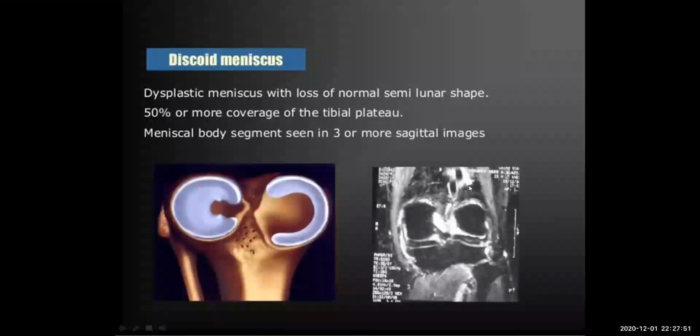What other pathologies? We know the tear, we know it is traumatic or degenerative, we know it could happen on the medial or lateral. We classified the types of meniscal tears: if it is contained inside, type 1 to type 2; if it extends more than 50%, it will be type 3.